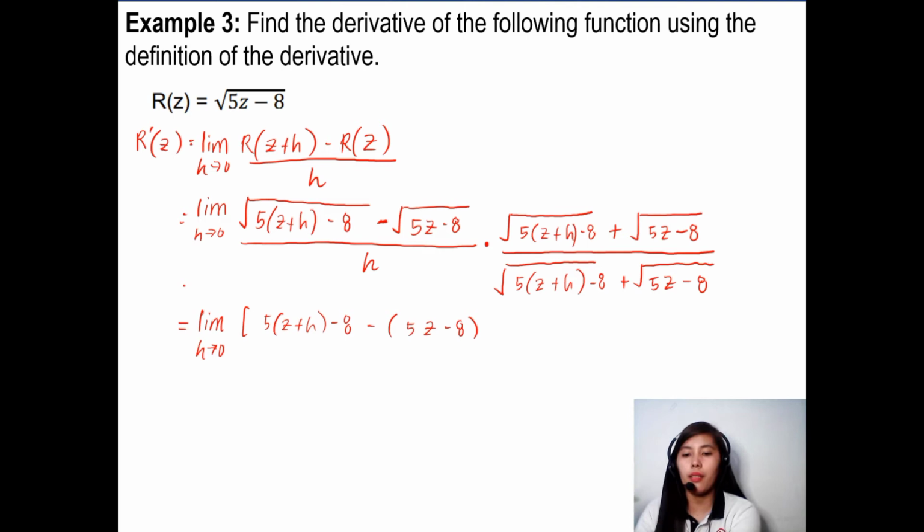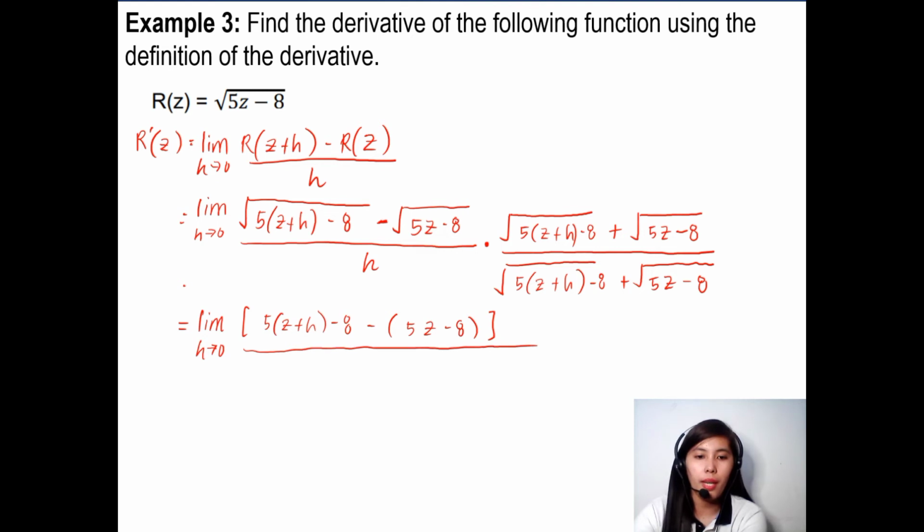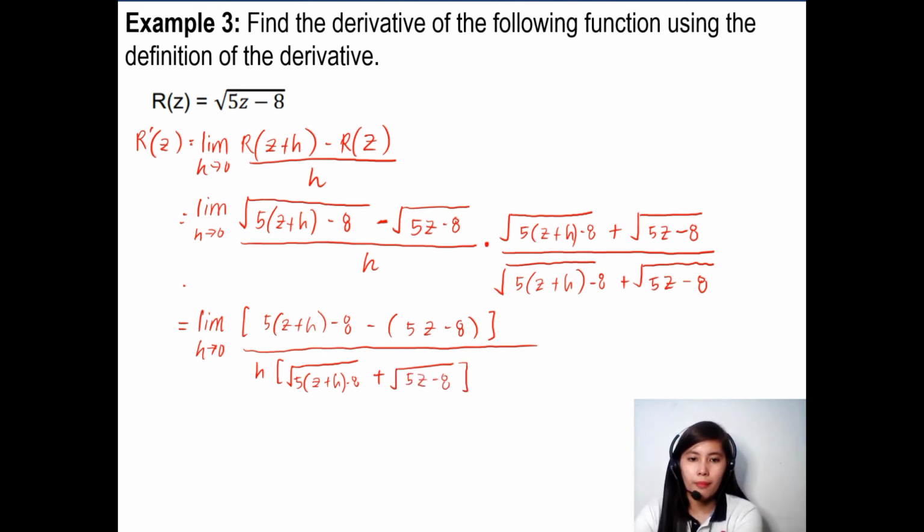So the radical expression will be cancelled. Okay, then on the denominator, we have h multiplied by the square root of 5 times z plus h minus 8 plus square root of 5z minus 8.